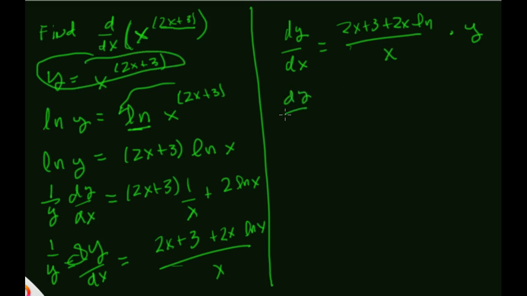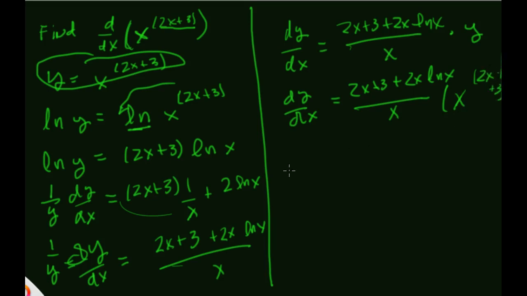But we know what y is, because y is back here. So dy/dx is 2x plus 3 plus 2x times the natural log of x all over x, times x to the 2x plus 3, right?